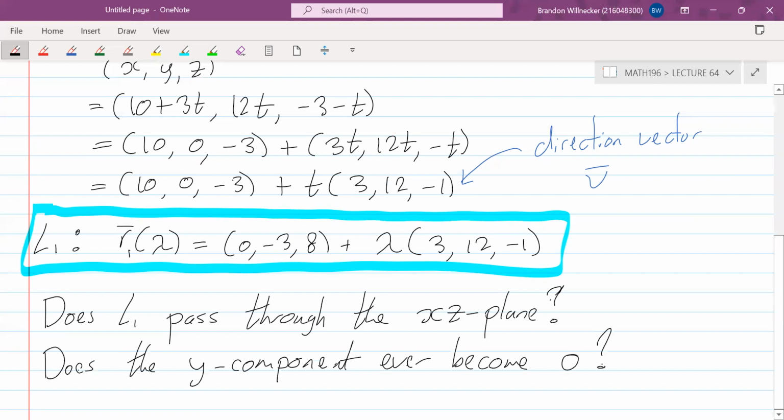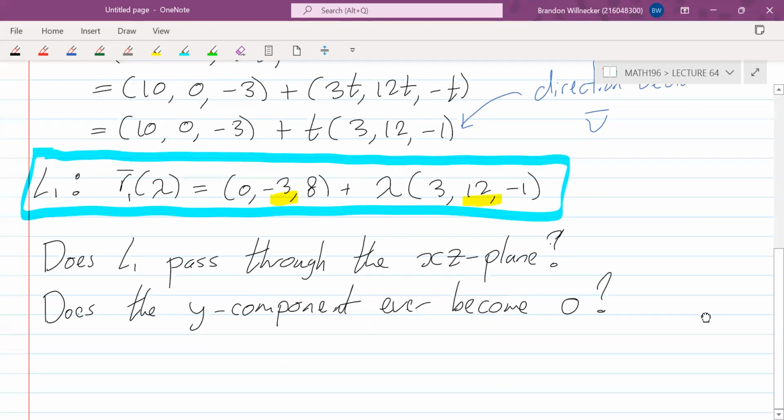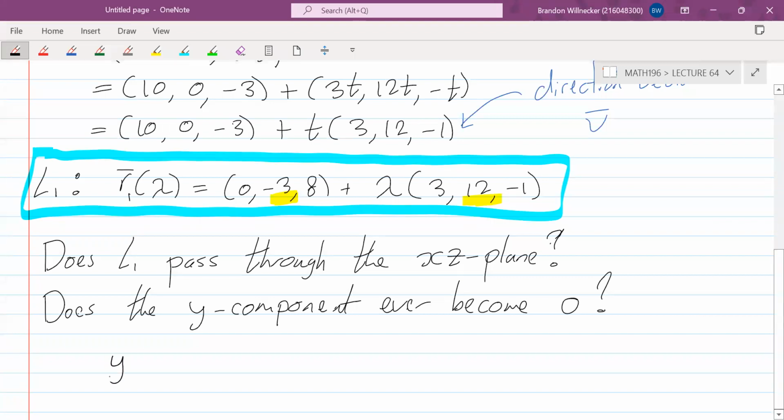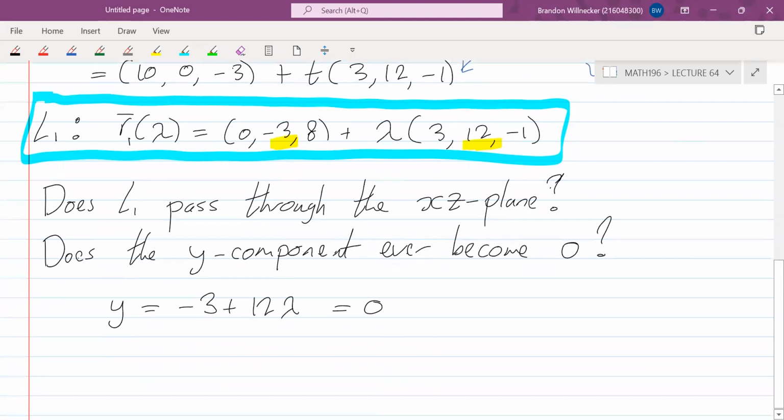Okay, so we can check that. If we look at the Y component here, it's going to be this minus 3 plus 12 lambda. Is that ever 0? So let's see. So Y is equal to minus 3 plus 12 lambda. We want this to be 0 so that it goes through the XZ plane. We can solve.